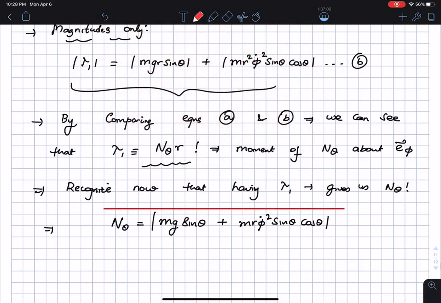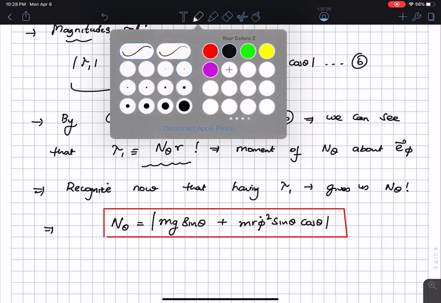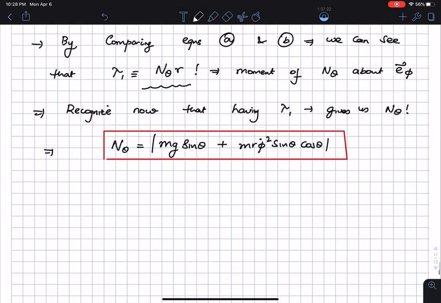Okay, so here is what we have. So we have the first constraint force, and likewise we have to do the same thing for the second constraint force. I'm not going to go over the details of it, because I'll be posting the elaborate notes for these problems.